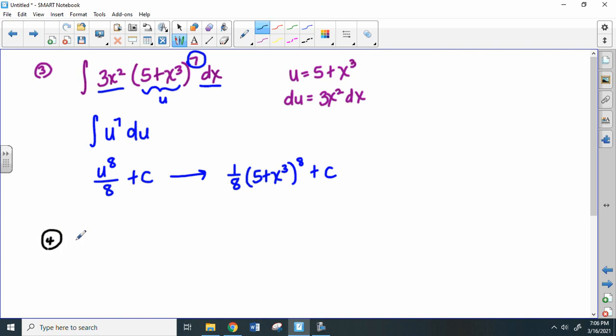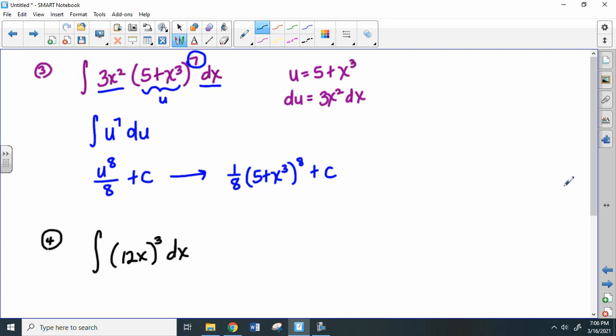What if I had the integral of (12x) cubed dx? Okay, 12x all cubed, dx. This is not a problem where I could factor the 12 to the front, because the 12 is cubed.